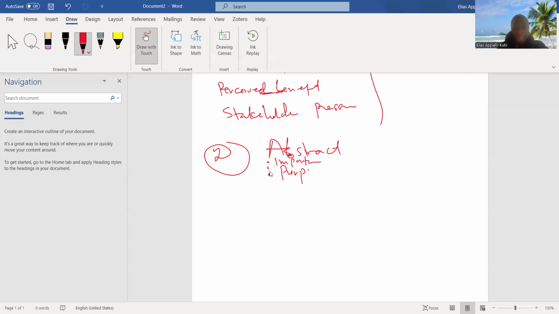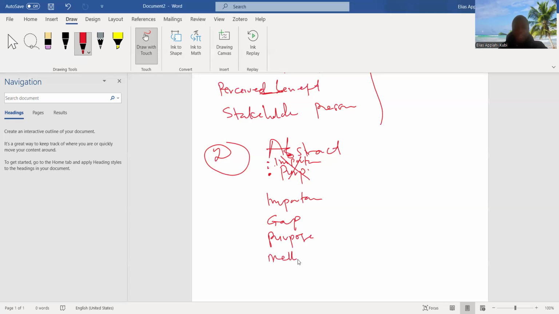Let me do it like this, because I want to make it systematic. So importance, the research gap. Then you come to the purpose of the study.